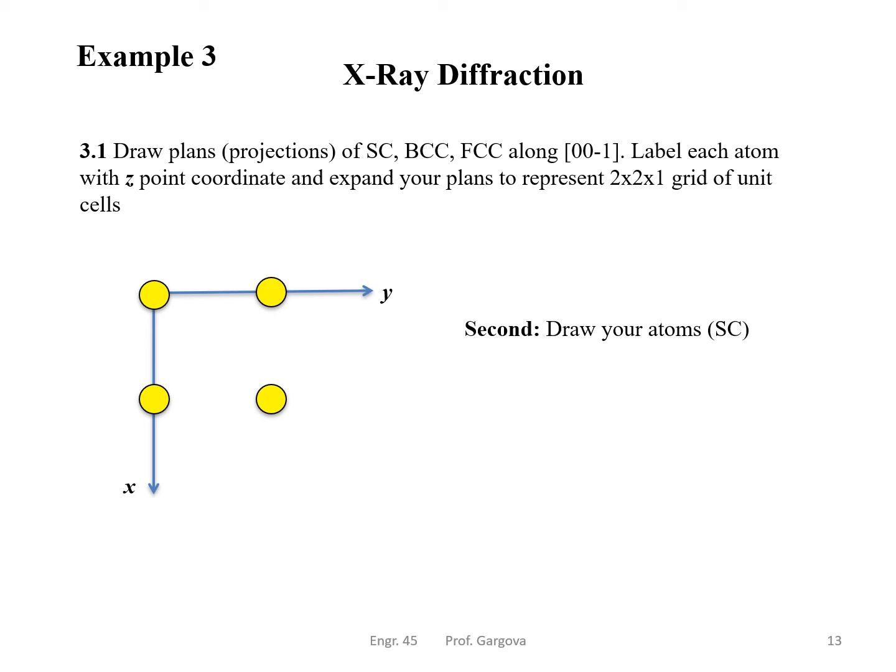So we would get something like this, right? Then once we have the 2 by 2 by 1 grid of unit cells, we label each atom with its Z point coordinate. So where are they located with respect to the Z direction? And we see that the entire layer is basically up 1 in the Z direction.